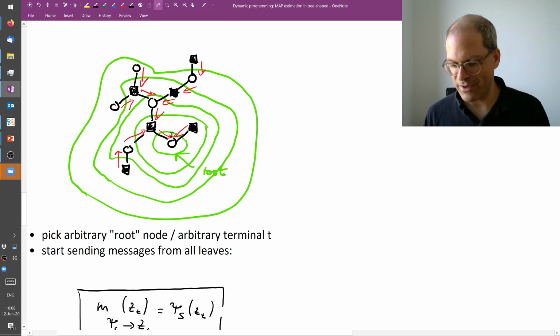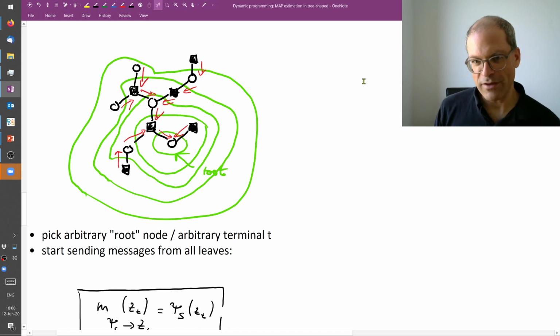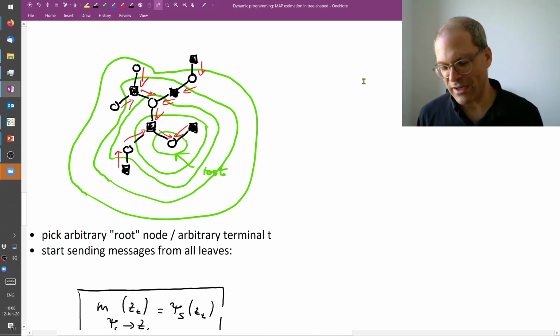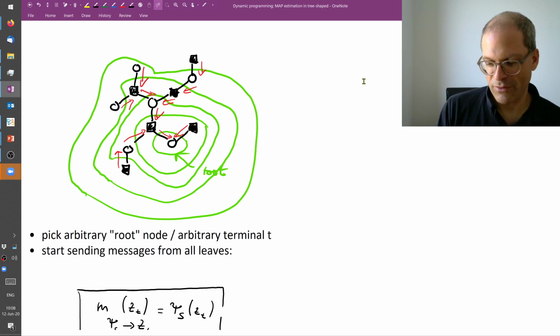So here is the root, and then these are the factors at a distance of 1 from the root. And then the next contour was for everything that's a distance of 2 from the root. And then there's everything that's at a distance of 3 from the root, everything at a distance of 4 from the root.